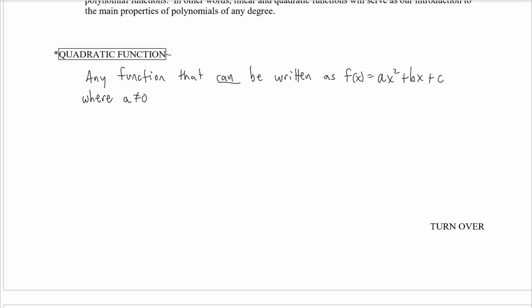So we don't want that. We want that front number to not be 0, and a, b, and c are all going to be real numbers.